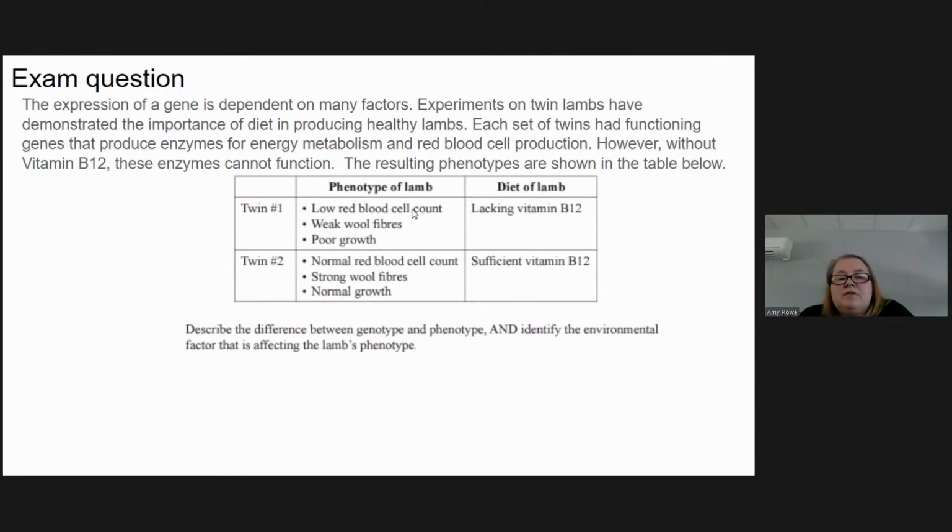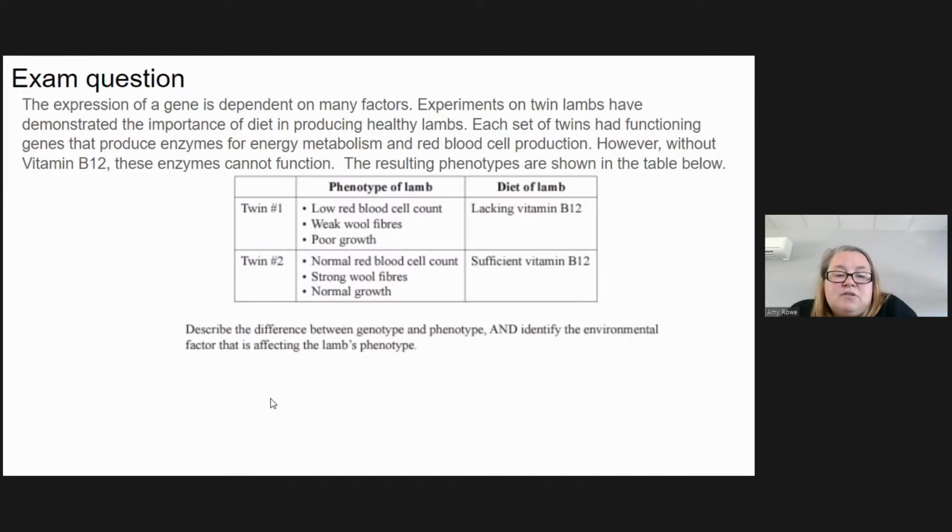However, one lamb had a diet that lacked vitamin B12, and the other twin lamb had sufficient vitamin B12. Vitamin B12 is a vitamin that we take in through our food and has a role in the pathways involved in red blood cell formation and energy metabolism.